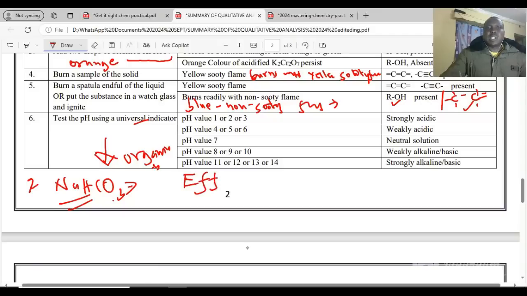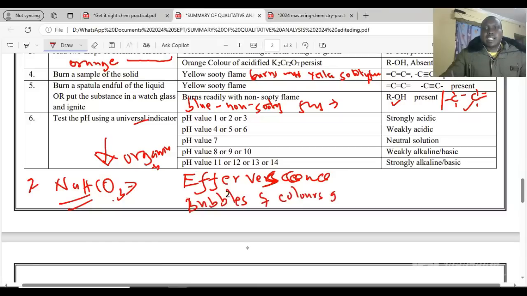The word effervescence gives students sleepless nights writing, but you don't need to write effervescence. You can write bubbles of colorless gas produced. You can write whizzing occurs.